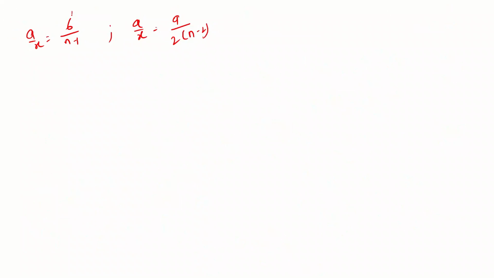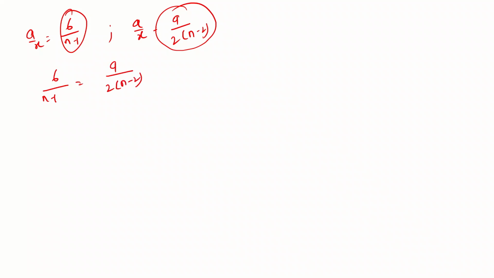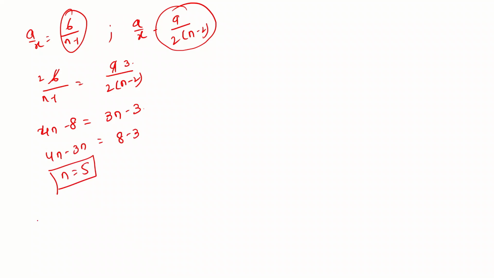So both are a by x, so both of these should be equal, and from here we can get the value of n. So 6 by (n minus 1) is equal to 9 by 2 into (n minus 2). 3 2s are 6, 3 3s are 9. What I get is 2 into 2 is 4, 4n minus 8 is equal to 3n minus 3. 4n minus 3n is equal to 8 minus 3. So I get n is equal to 5. So the value of n I get is 5.